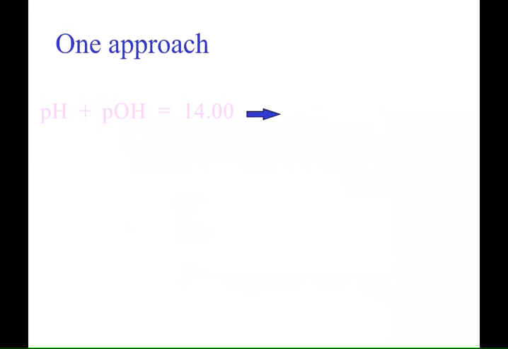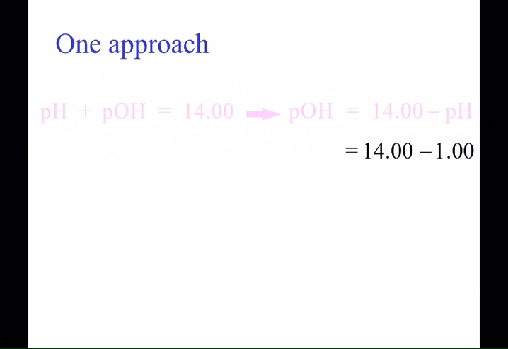Rearrange it, then pOH is equal to 14.00 minus the pH. You told me 1.00 for that, so 14.00 minus 1.00, of course, is 13.00.